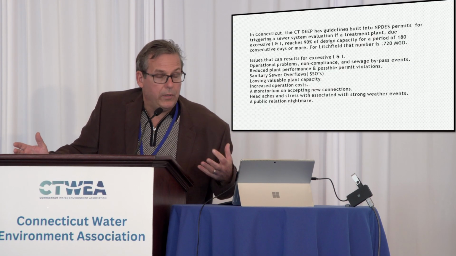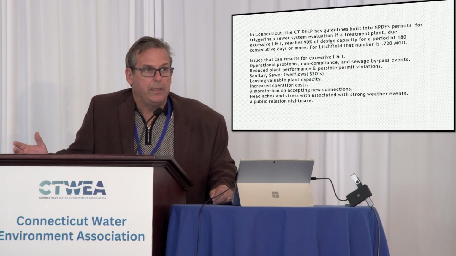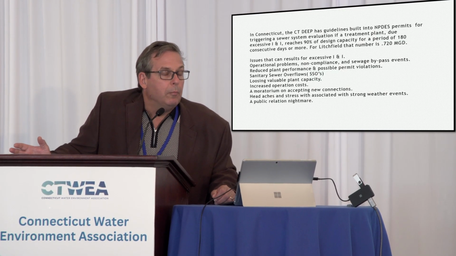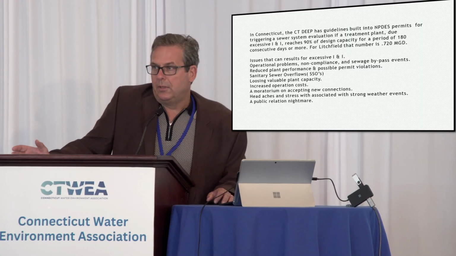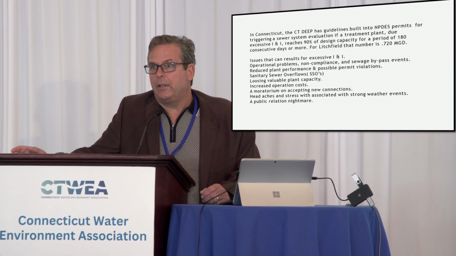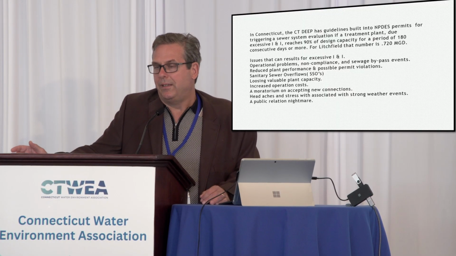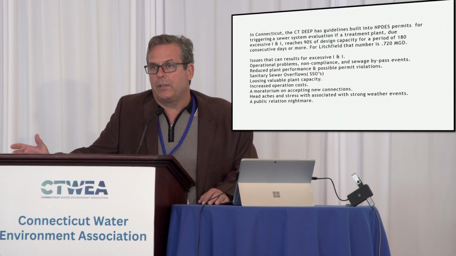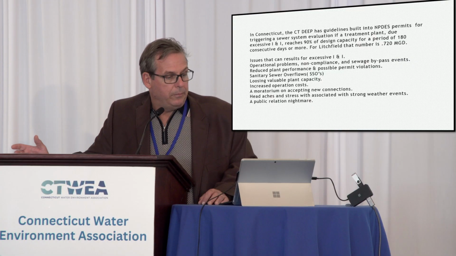For Litchfield, we don't have a combined sanitary sewer system, but we know we have an inflow component to what happens. And a lot of times it's like the Holy Grail, trying to find those areas where that inflow is coming in during a storm.